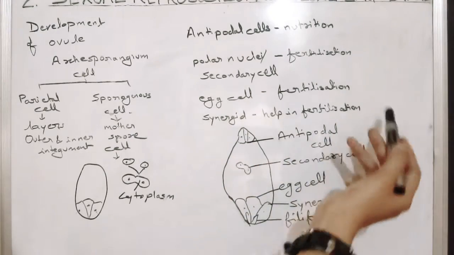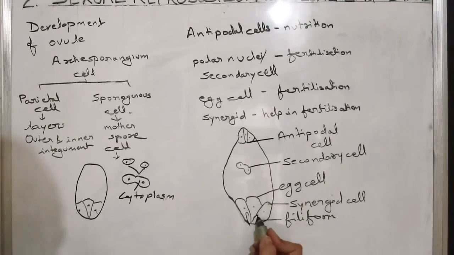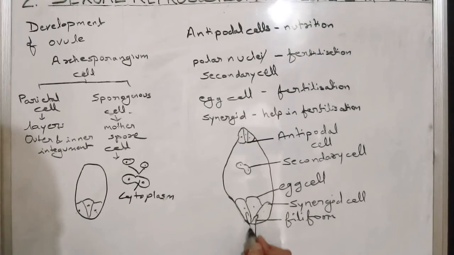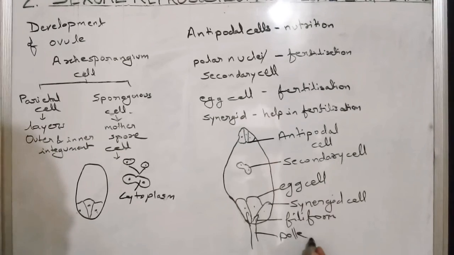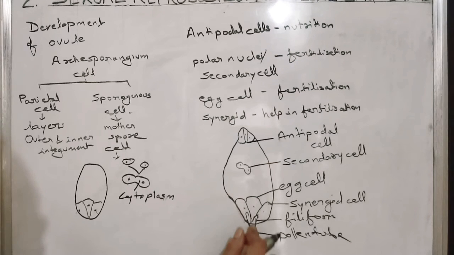Synergids help in fertilization. How do they help? Let's understand. The filiform apparatus is present here, which helps to continue with the pollen tube from which the male nuclei come, and the male nuclei after coming fuse with the egg cell.